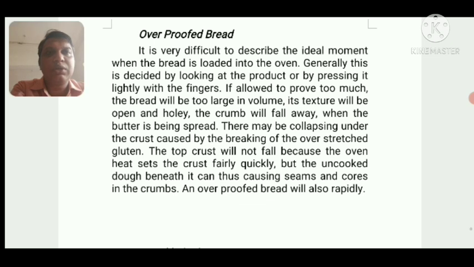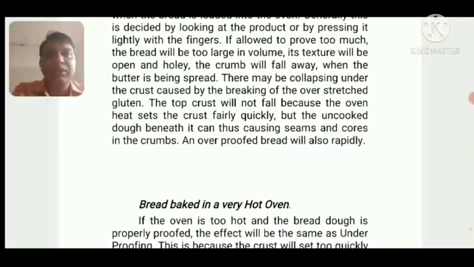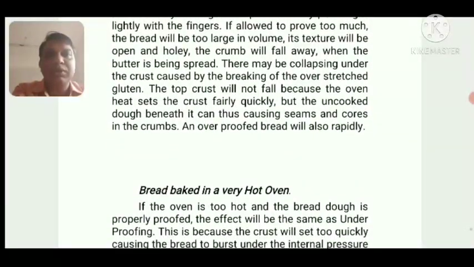Generally this is decided by looking at the product or by pressing it. So we need to cross check during the proofing chamber that the desired proofing or desired shape is reached by the product or not.